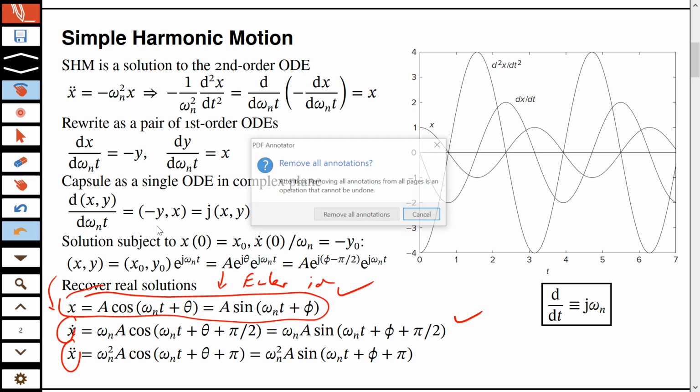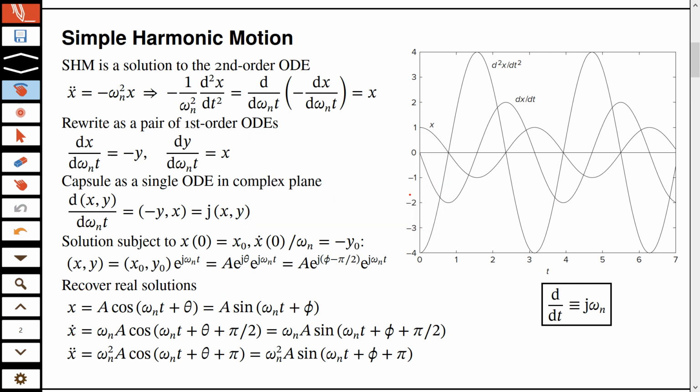But what you can see now, although you can carry out this differentiation yourself as well, I don't want you to do that. Okay, what I want you to do is to notice this thing. Differentiation with respect to time is the same as multiplication by omega n and then changing the phase by plus 90 degrees. That's what we are doing here.